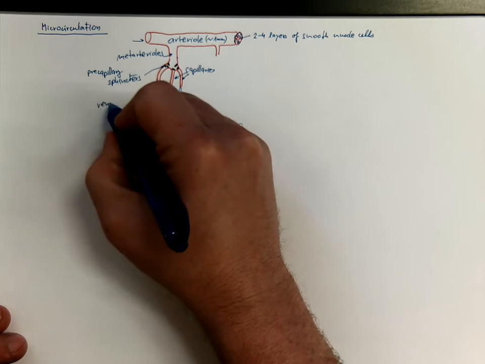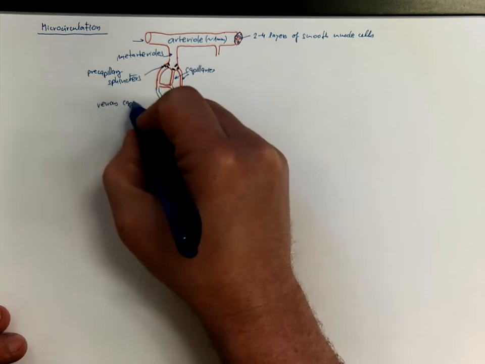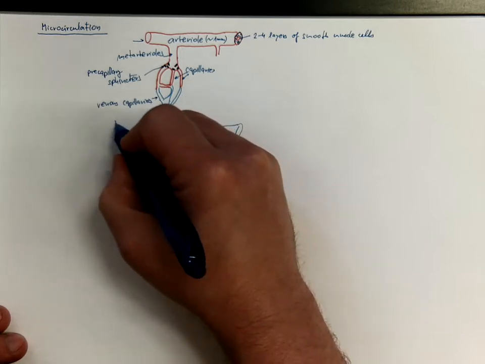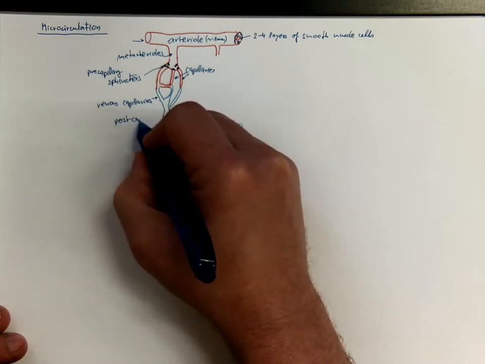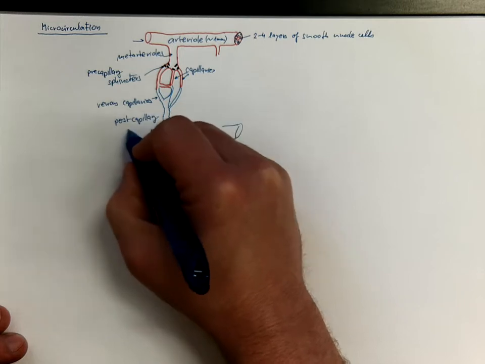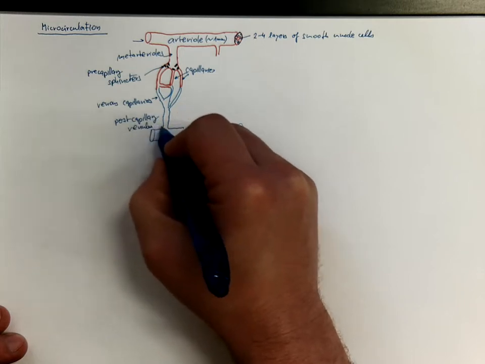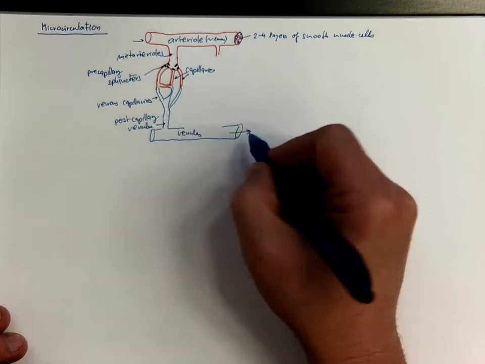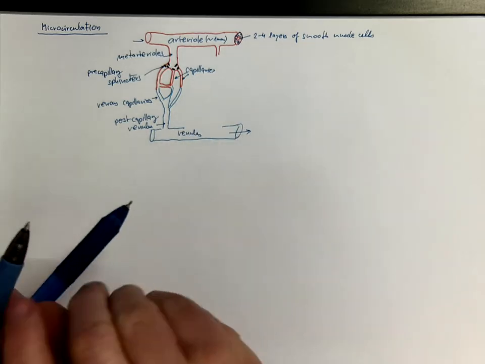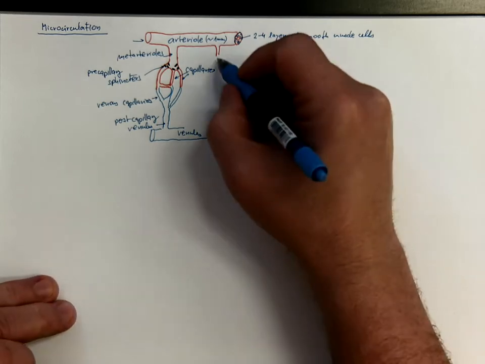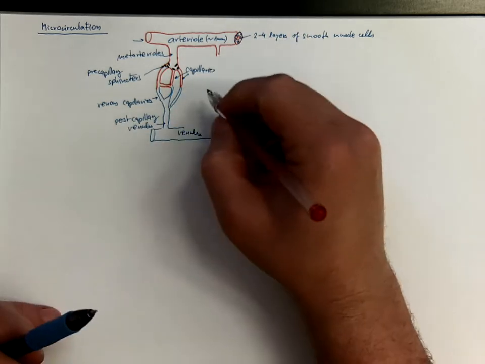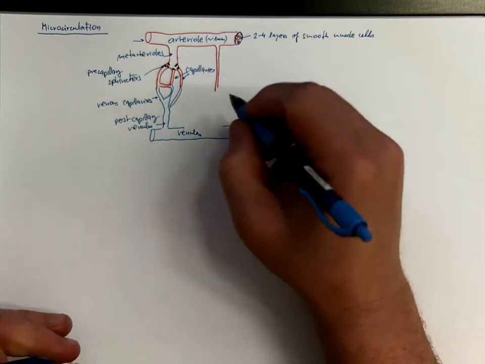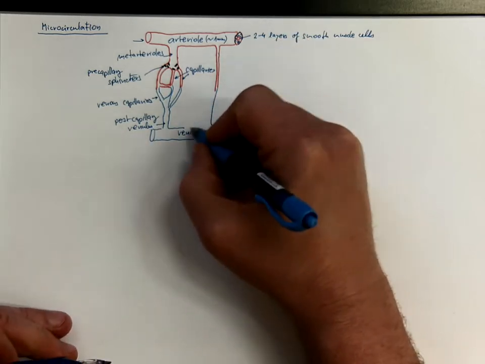Venous capillaries and postcapillary venules of various size drain the blood away. Now, there are usually also shortcuts between the arterial and the venous part of the circulation.